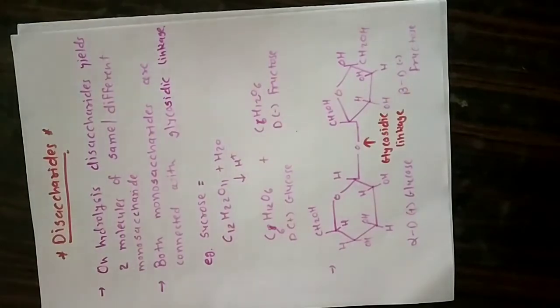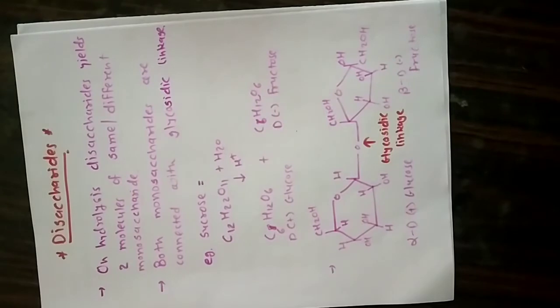Monosaccharides are fructose, glucose, etc. When we perform a hydrolysis reaction on a disaccharide, it can give 2 glucose, or 2 fructose molecules, or different ones, meaning 1 glucose and 1 fructose, like that.